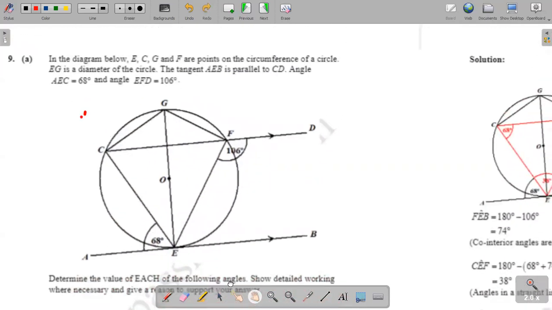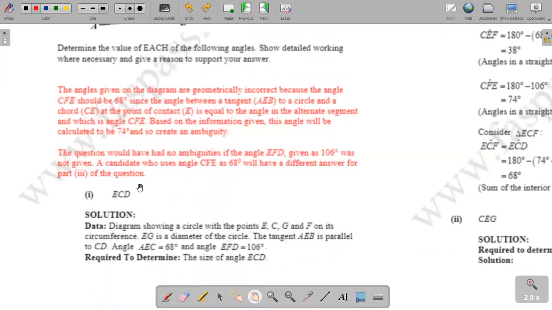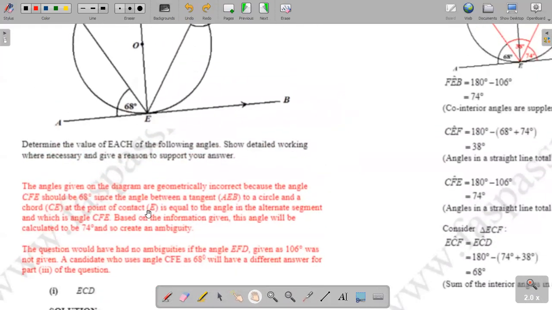So now let's look at what we have here. It says, I don't know what all this in red is about. Oh, what they're saying is that some people could get different answers.